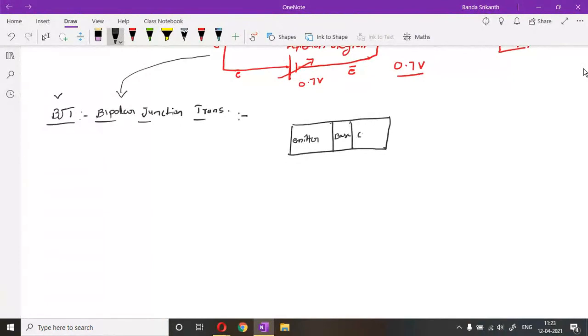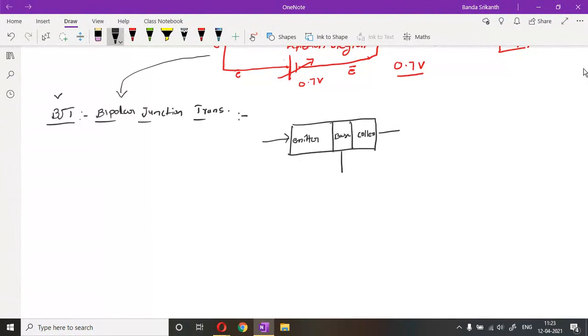Then another region is the collector. So what happens here? The emitter will emit the electrons, the collector will collect the electrons, and the base will control the flow of electrons.